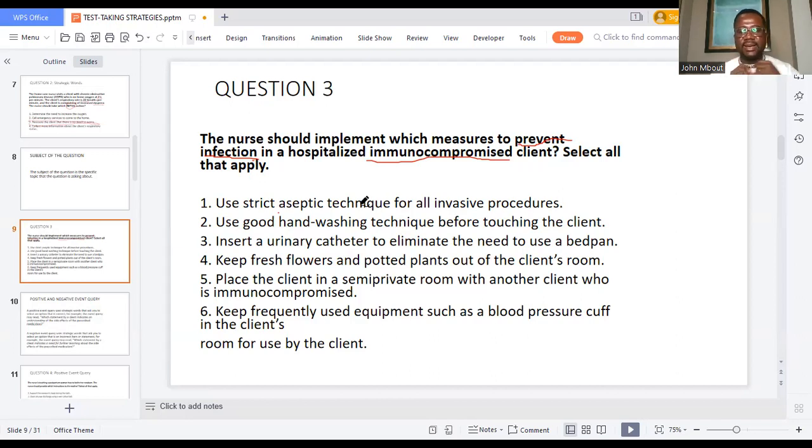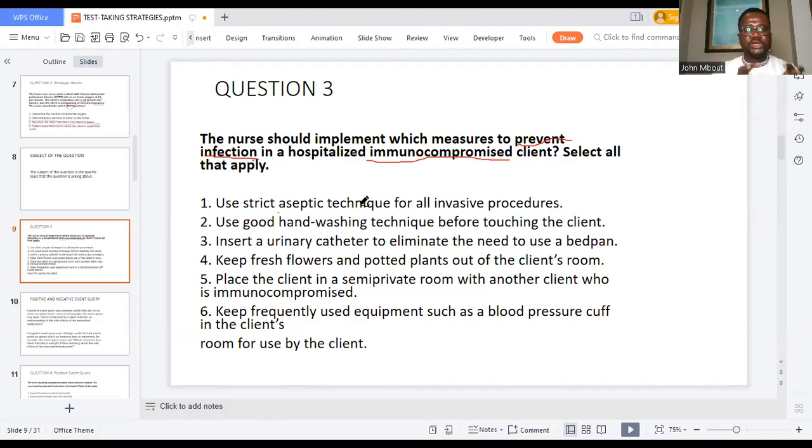like cancer clients, clients undergoing chemotherapy, radiotherapy, HIV/AIDS clients whose immune system has been compromised, the immunity is low. When you are practicing infection control with these clients in your unit, they have specific measures to implement.